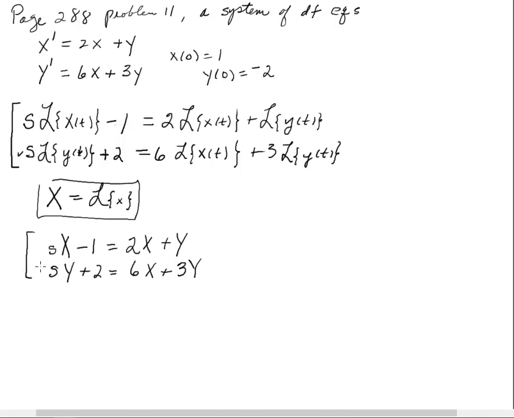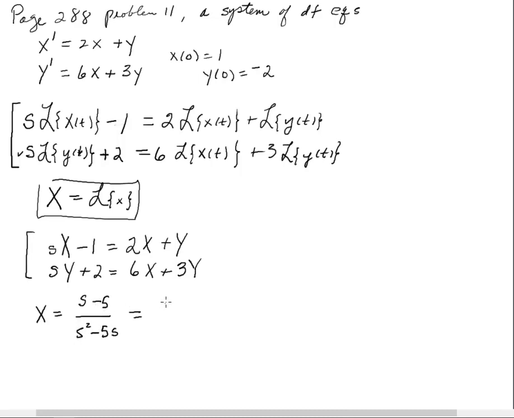Now, if we just do the algebra and solve these, we'll find that X is equal to s minus 5 over s squared minus 5s. And if I factor an s out of both terms in the denominator, I get s outside, times s minus 5.